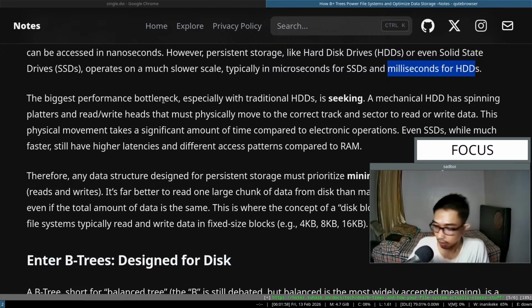The biggest performance bottleneck, especially with traditional hard drives, is seeking.